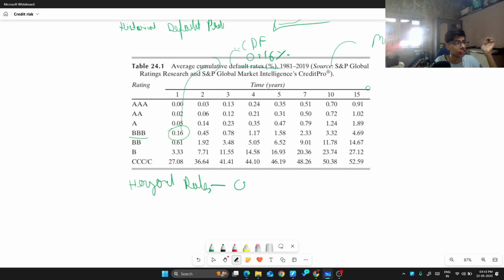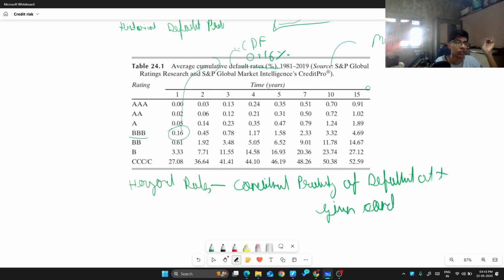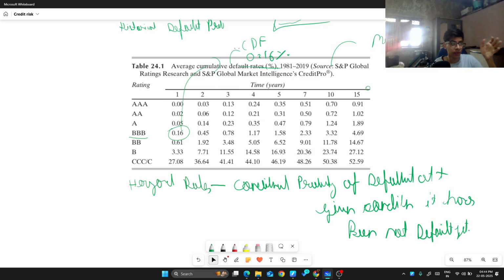The hazard rate is the conditional probability of default at time t, given that the bond has not defaulted yet. The CDF is not the right measure for the conditional case. So we use the hazard rate: the conditional probability of default after 3 years, given that the bond has not defaulted in year 1 and year 2.